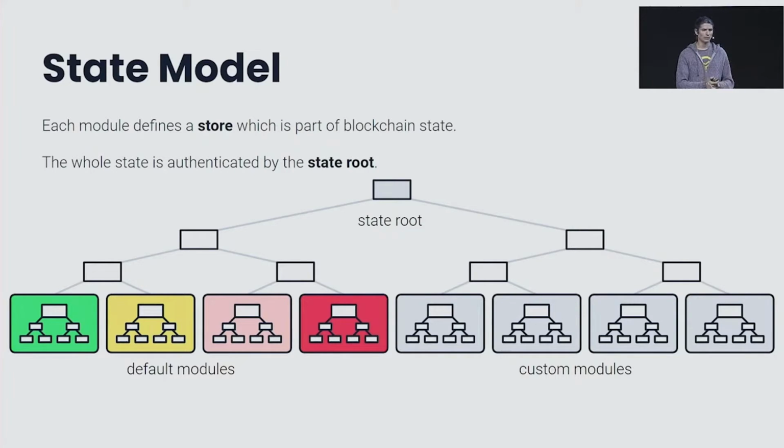These modules are, for example, the token standards that Maxime presented, the DPoS module, or, for instance, the interoperability module. On the right instead, we have the custom modules. Those are the modules that will be developed by the developers of the blockchain application. And at the end, the whole state of the chain is authenticated by the state root. As Andreas presented, this state root is used in certificates then to validate cross-chain messages.